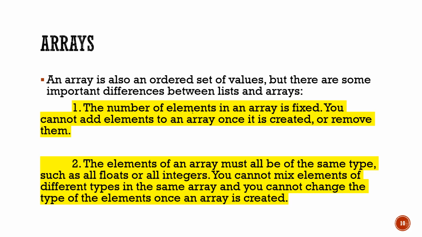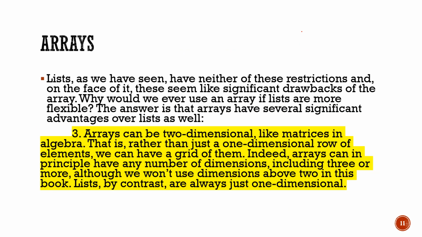Unlike a list, where I can store a string like r equals banana, then 1, then 2, mixing types: this one is a string, this one is an integer, this one is a float. But for an array, it is fixed. If one element is a float, all of them are floats. You cannot mix different types. So that's an array.